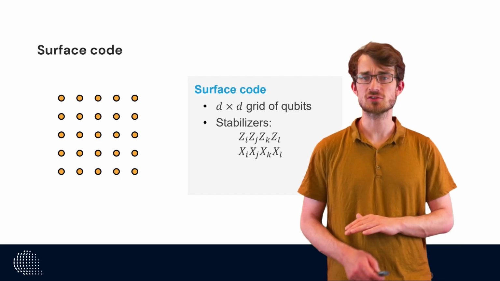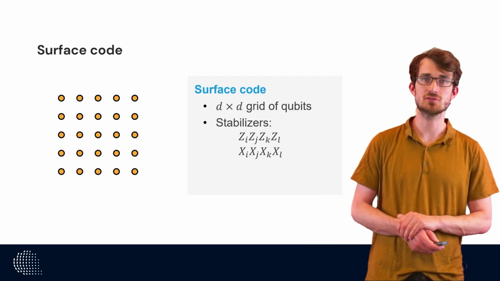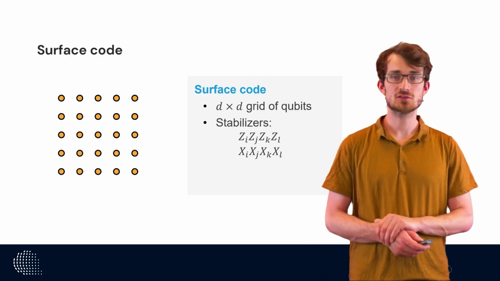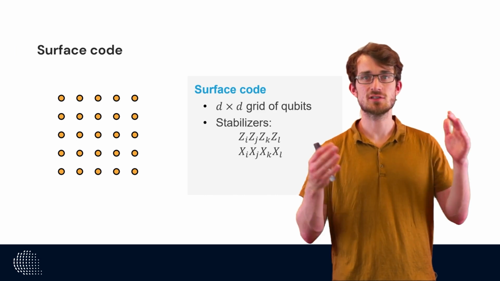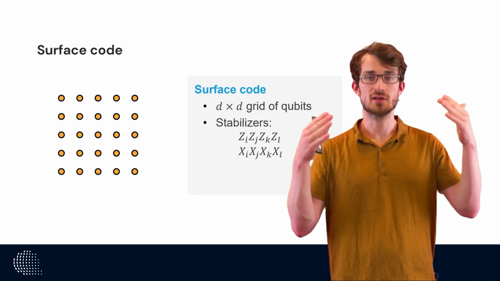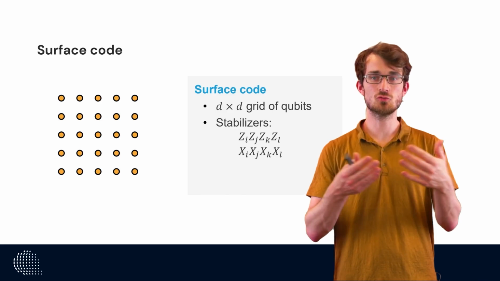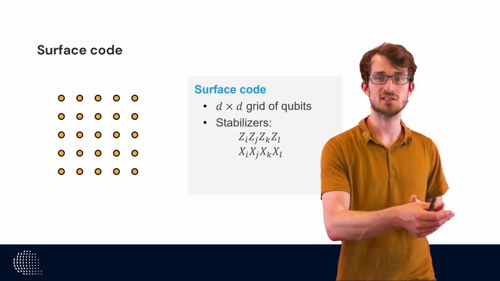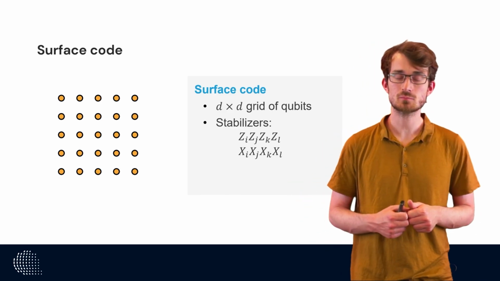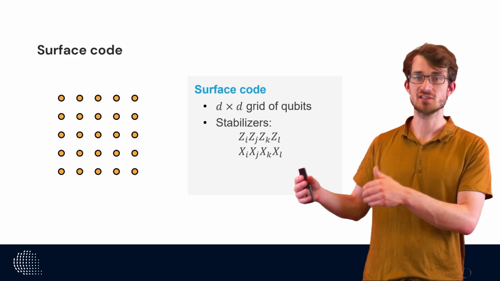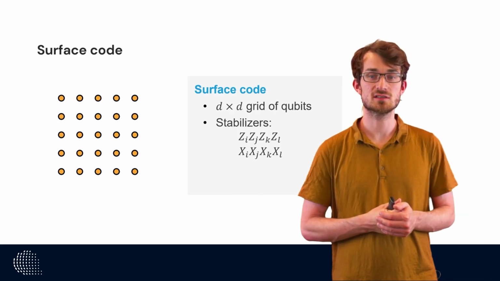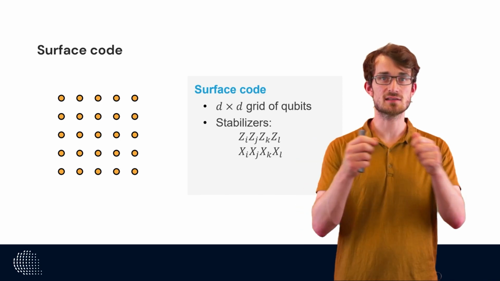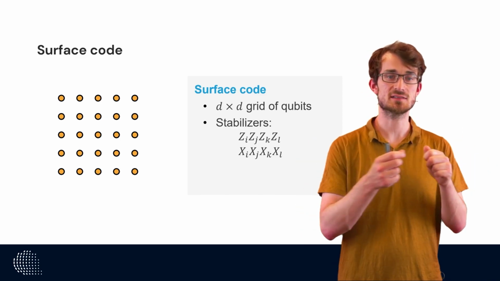Now, I said this was for a surface code, so let's explain what a surface code is. A surface code is a specific example of an error correction code where, if you want a distance d code, you make a two-dimensional grid of d times d qubits. On this grid, we define stabilizers out of 4 qubits, either of the type ZZZZ or of the type XXXX.